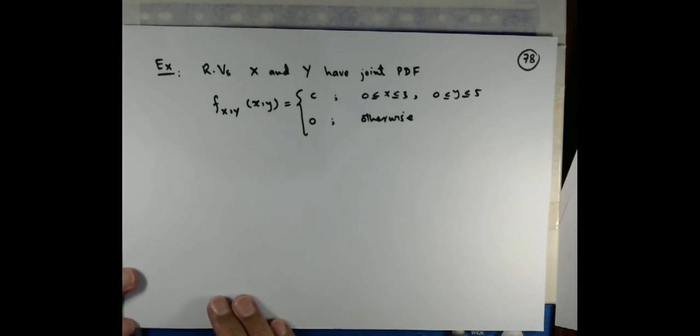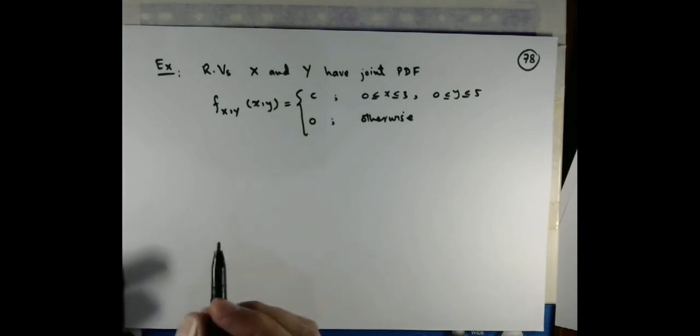Any meaningful area of certain dimension, the probability of that area is exactly equal to any other area of the same size, same dimension in that distribution.